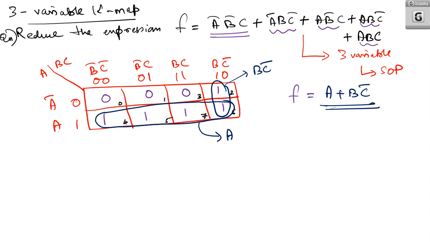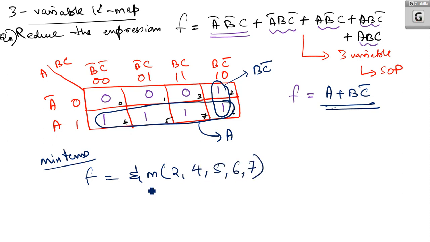And if you are representing the expression in terms of min terms, what do you get? F is equal to sigma m 2, 4, 5, 6 and 7. Whereas if you are representing in terms of max terms, then f is equal to pi M 0, 1 and 3.